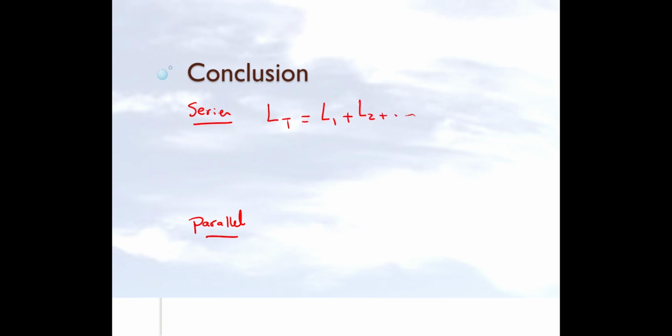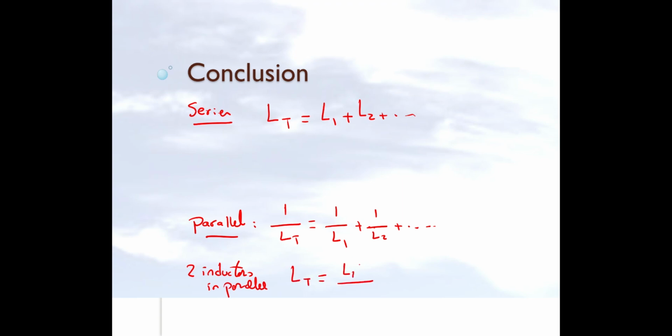For parallel combination, 1 over the equivalent inductance is equal to the summation of the inverse of all inductances. Specifically, if we have 2 inductors in parallel, the equivalent inductor would equal L1 times L2 over L1 plus L2.